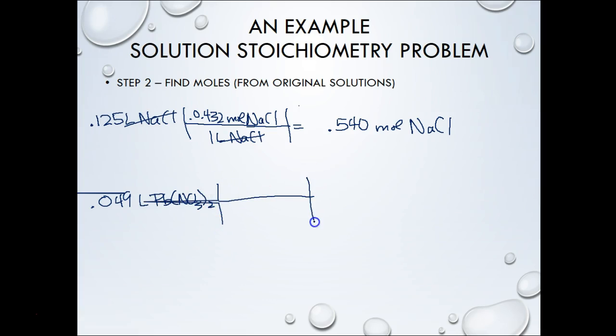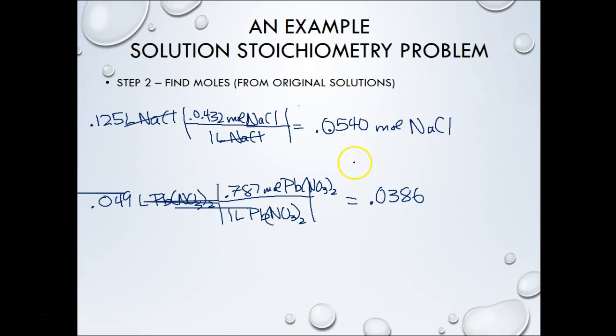I change it, okay, and I get 1 liter of PbNO3 over 0.787 moles of PbNO3, and I calculate that and I get 0.0540, sorry about that, moles of PbNO3.